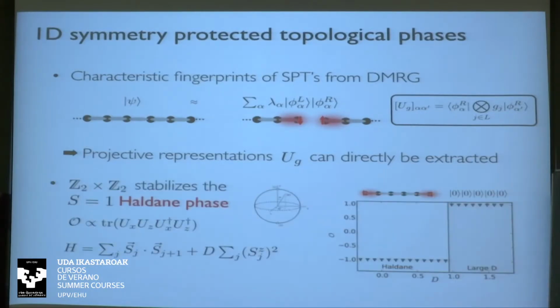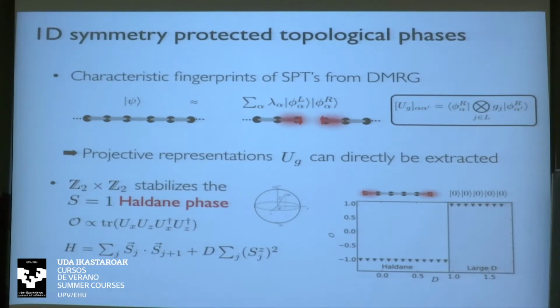And for the Z2 cross Z2 group, which is a subgroup of the symmetry that we have in this Haldane phase, we can find the ground state and obtain the representations Ux and Uz independently just by acting with the symmetries on these Schmidt states, and then calculate the commutator of Ux and Uz. This gives us exactly the phase factor that I was describing earlier.